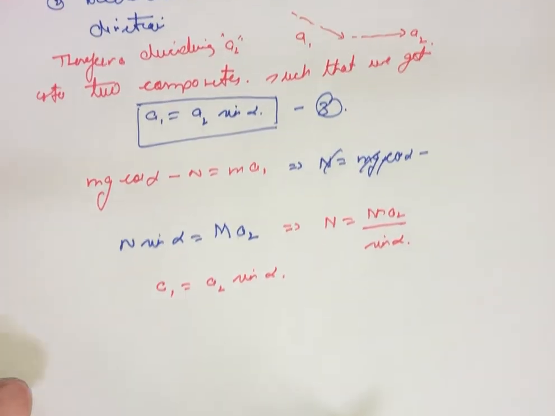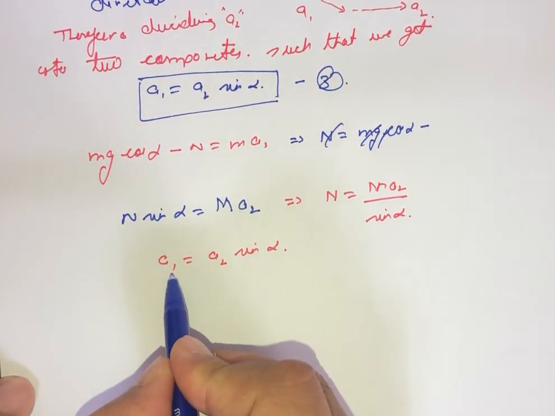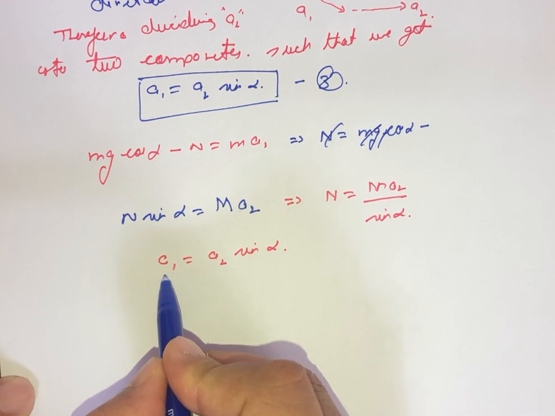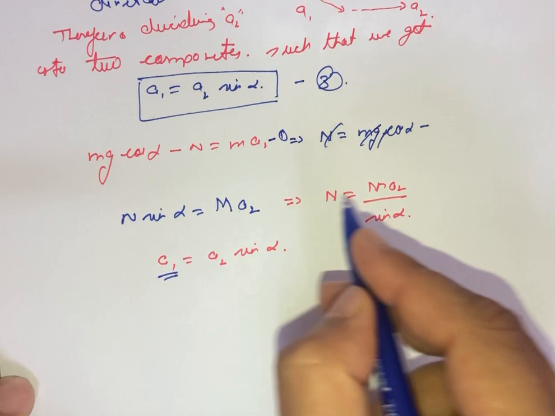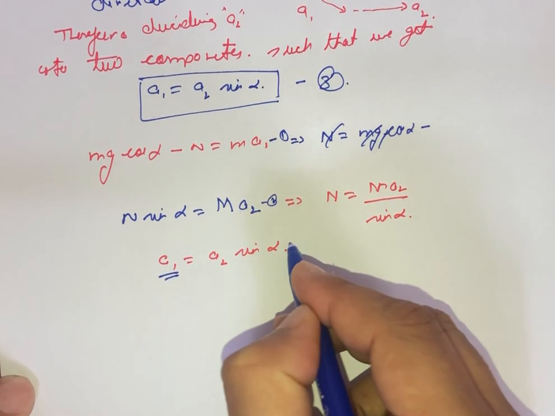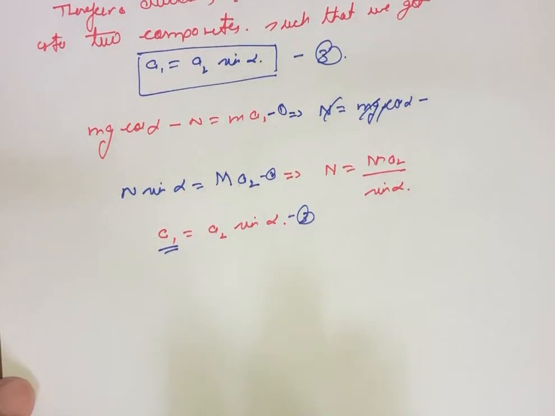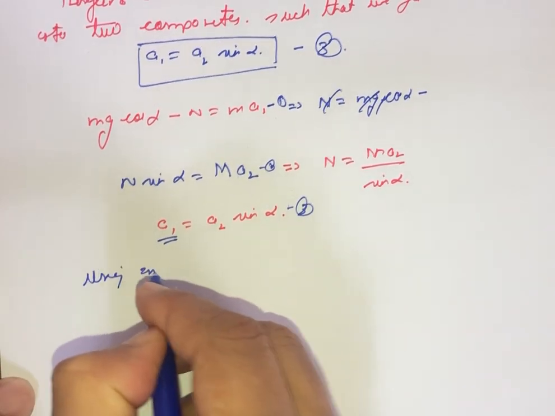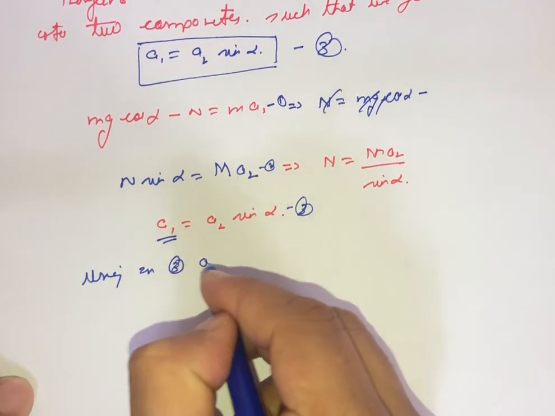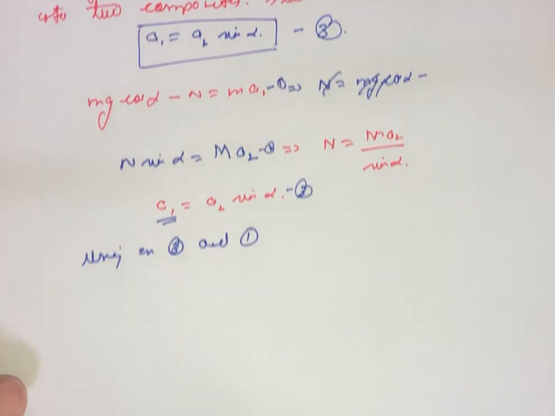We already know the value of A1, so we substitute the value of A1 using equations 3 and 1.